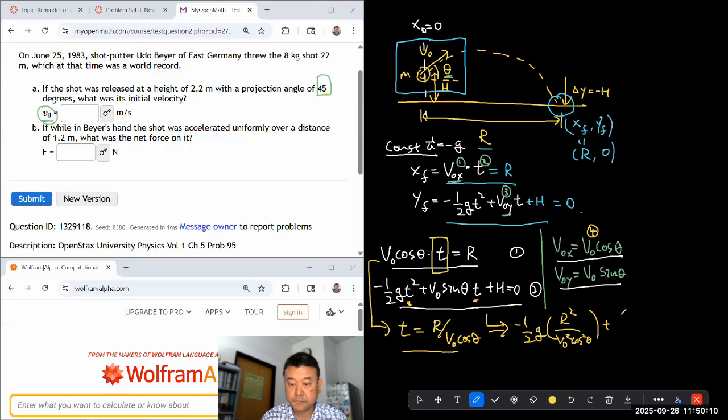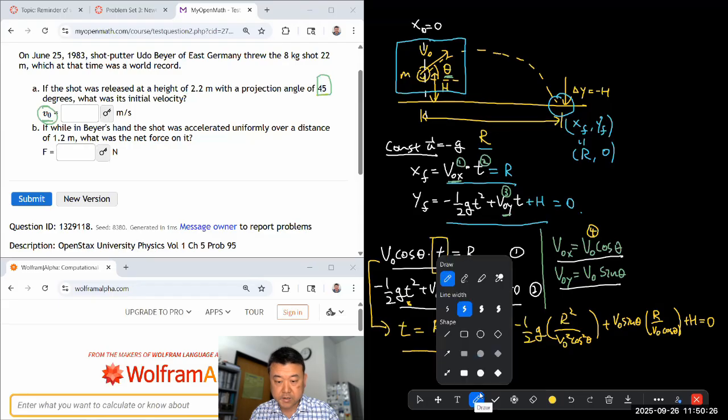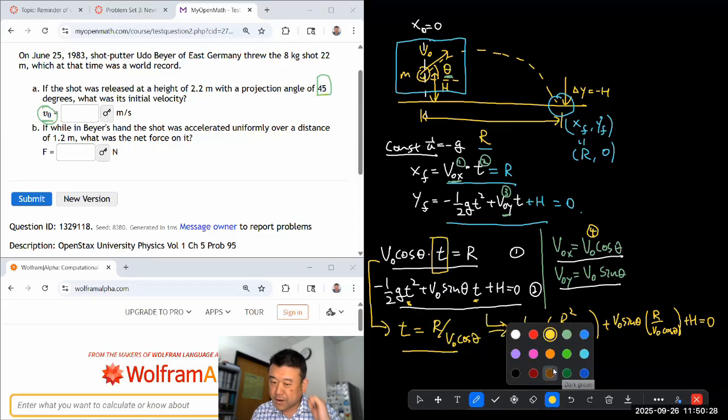Let's see. I have V naught sine theta times t, again R over V naught cosine theta, plus h is equal to 0.